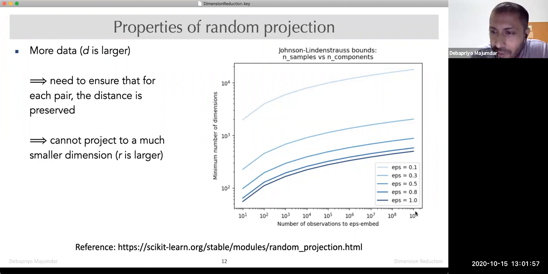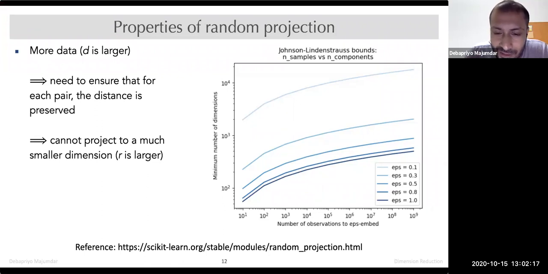And if it goes to like 10 to the power 9, it doesn't go much farther than 10 to the power 4, in order of magnitude. 10 to the power 5 would have been here, so it's almost like 10 to the power 4 only. So even if you have 1 billion data points, you can project onto, let's say, a 20,000 dimensional space, and you can preserve the distance fairly well.